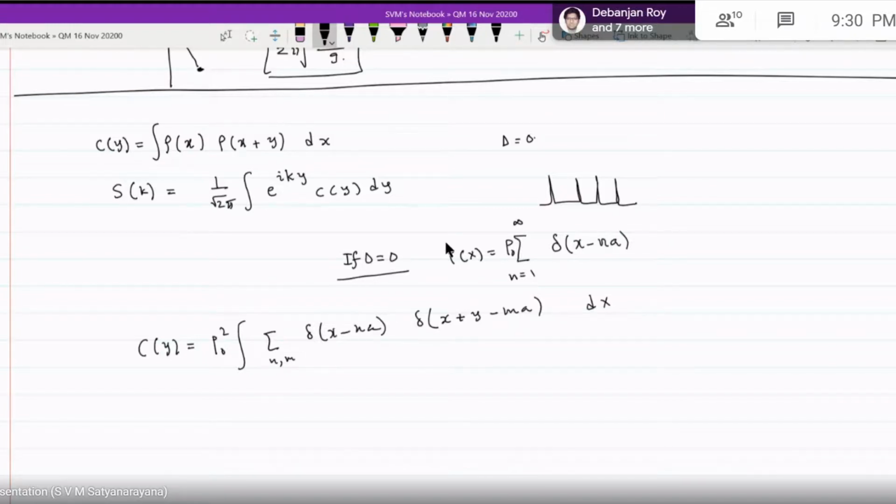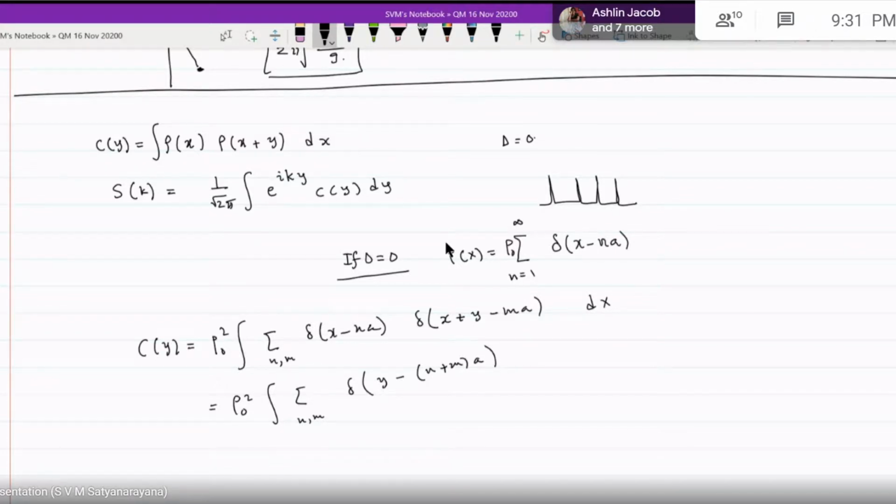So if you do this integration over x equal to na, that's equal to rho naught square, sum over n, m, delta of y plus na minus ma.